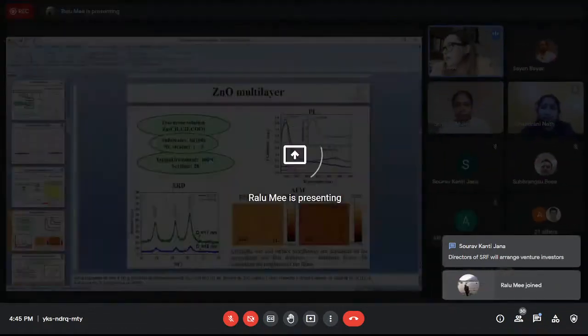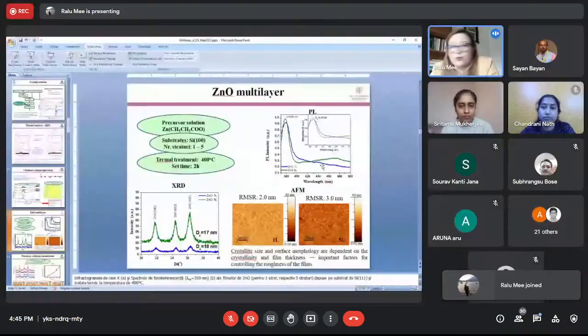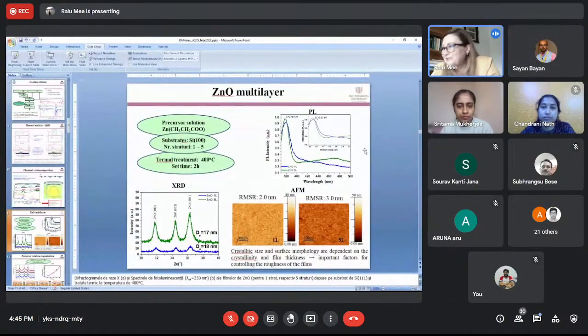You can see that we have some bands here. Are you talking about this slide? Maybe a sharp peak of the energy and some defects in this region.